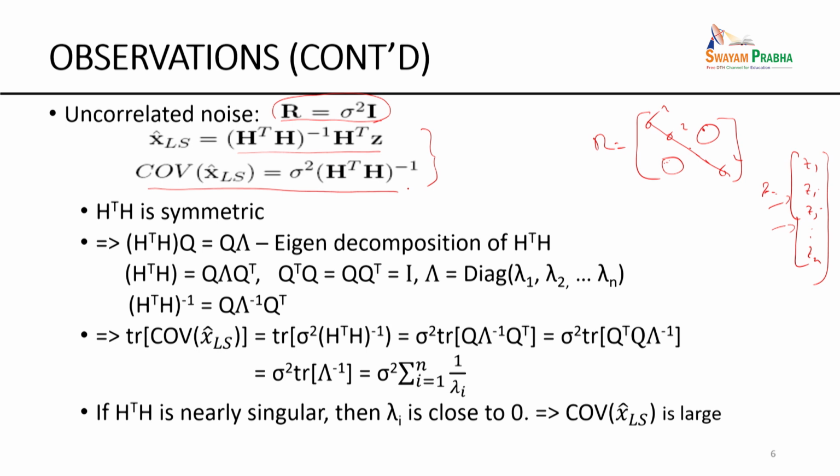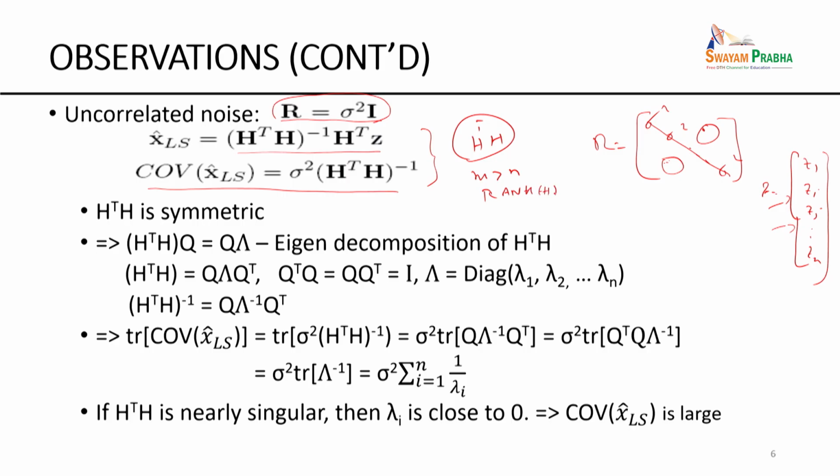So then the statistical result coincides with the deterministic result in this special case. Now I can talk about a couple of other properties. We know lots about matrices now. We also know H transpose H is symmetric. I am assuming M is greater than N. I am assuming H is a full rank matrix, rank of H.